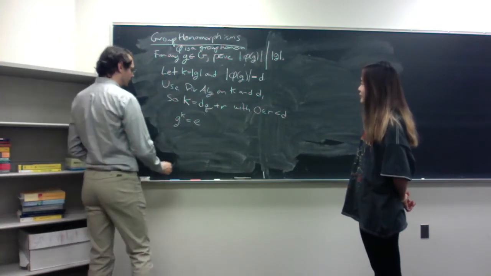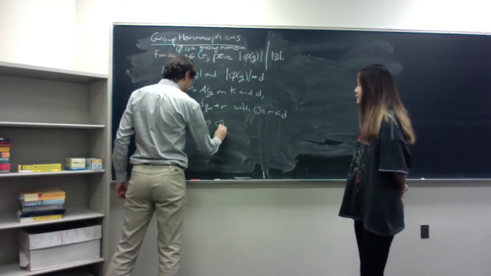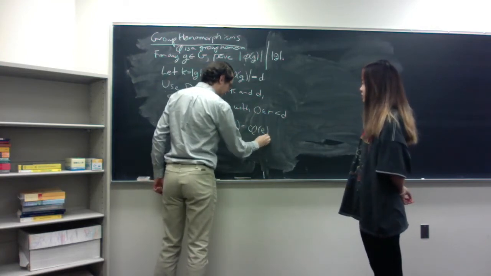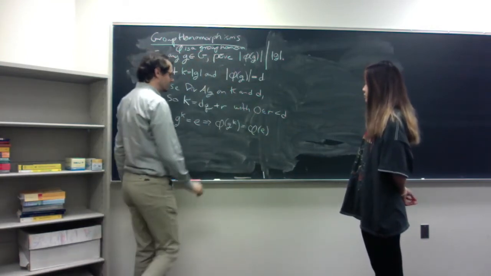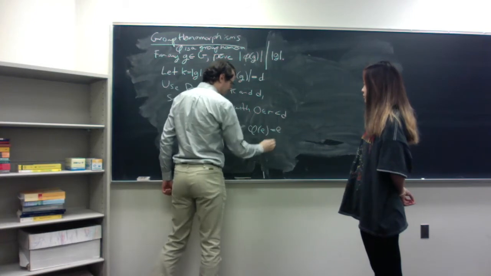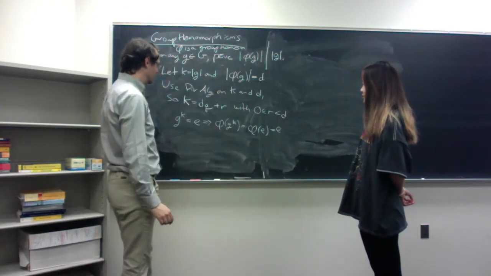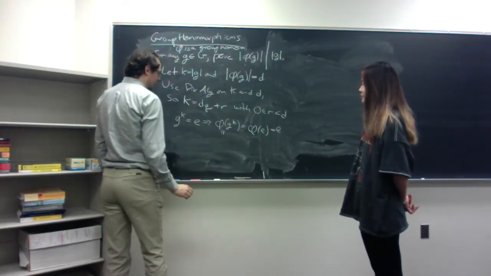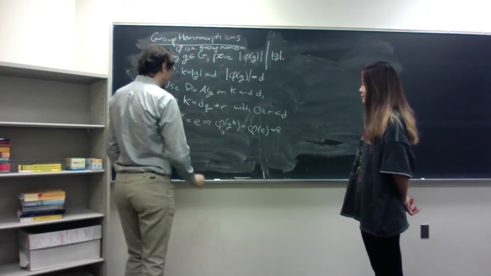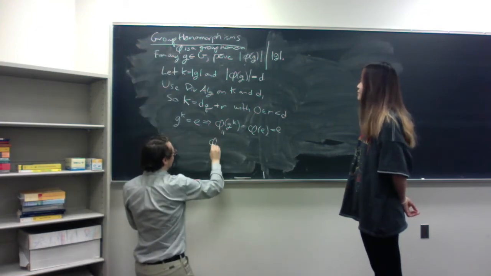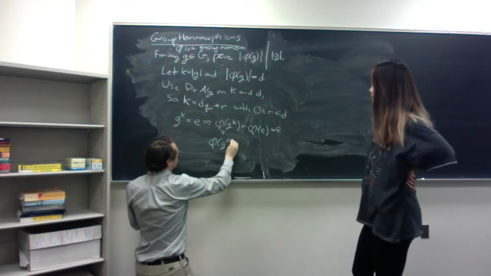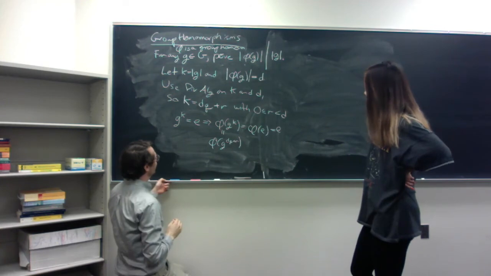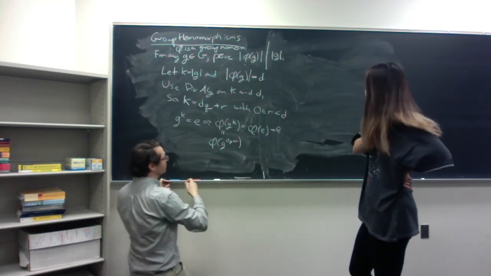So I'm going to get that phi of G to the K is phi of E. Well, that's just E. But this is more interesting. I can rewrite it in a couple of ways. First of all, let's just rewrite K. But secondly, we can also use the homomorphism property.